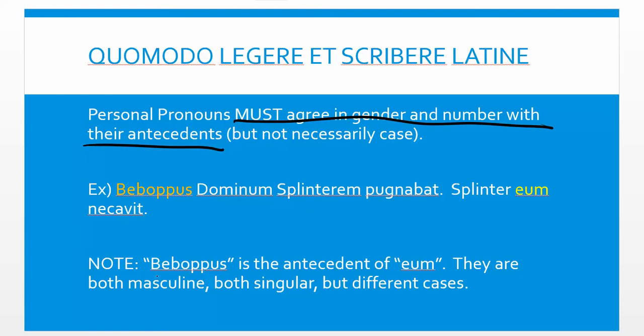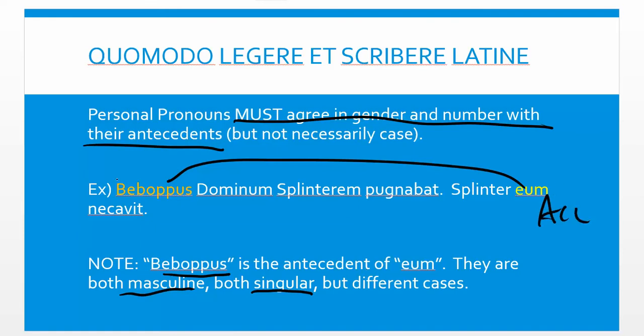Note here, though, that Bebop is the word that goes before eum. So, right? Eum is replacing it. That's who Splinter killed, was Bebop. They're both masculine, and they're both singular. But eum is accusative, and Bebop is nominative, because each word has to do the case of the sentence it's in.